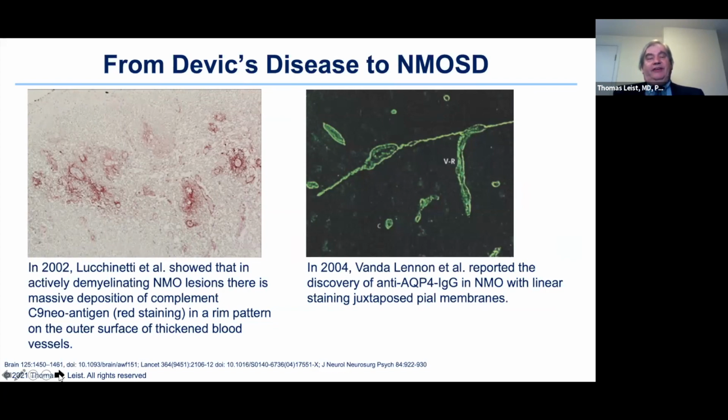And what they were seeing is that many of the patients with neuromyelitis optica had an antibody that was directed against something on the surface of cells within the brain. And the cells that contained this are very specific cells.